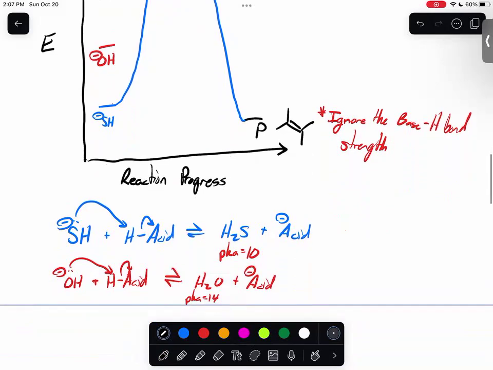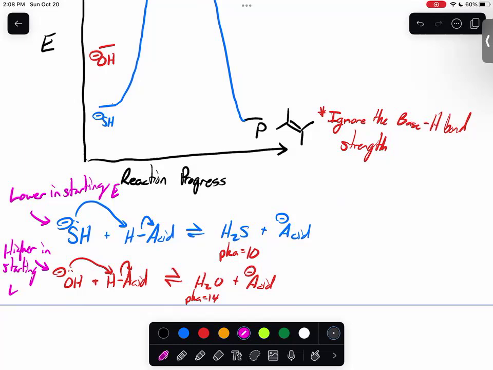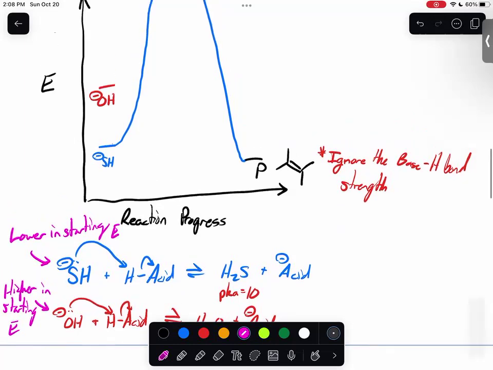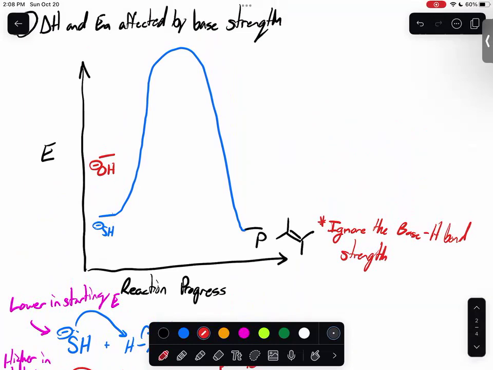And that's really important because if this is lower in starting energy and this one is higher in starting energy, when we think about this E2 reaction where we're forming the same product, these actually will have about the exact same transition state, right? We'll call them the same for right now.